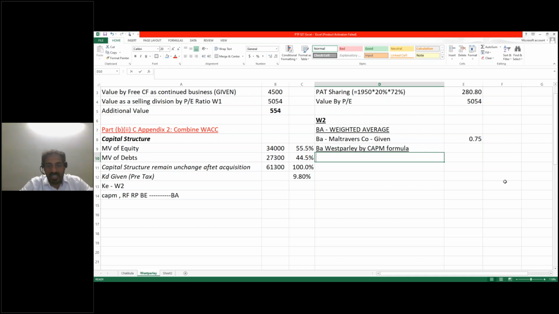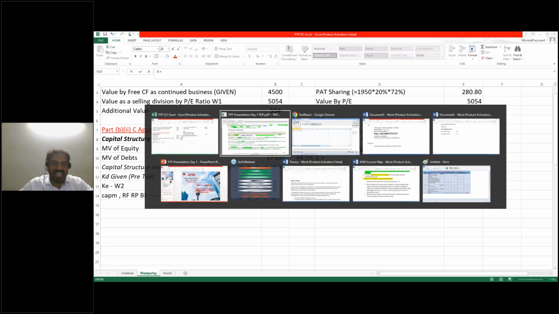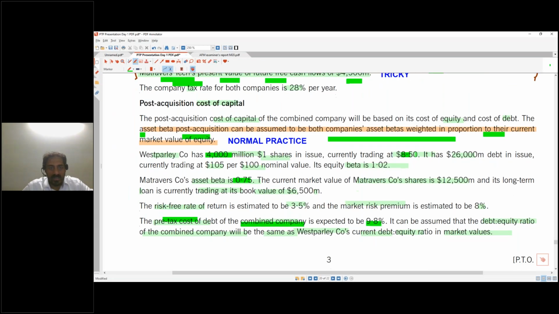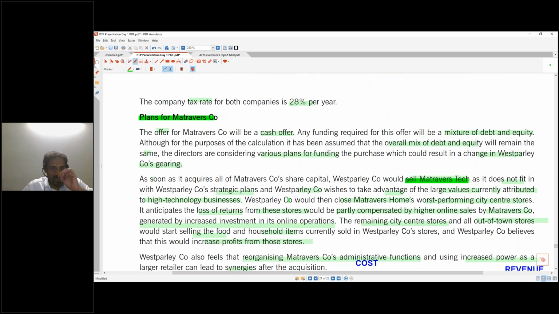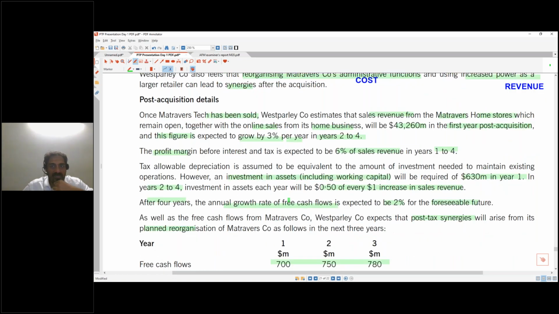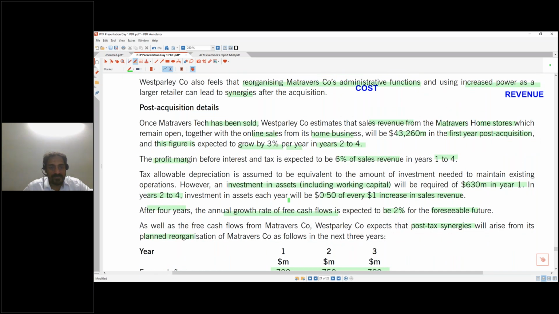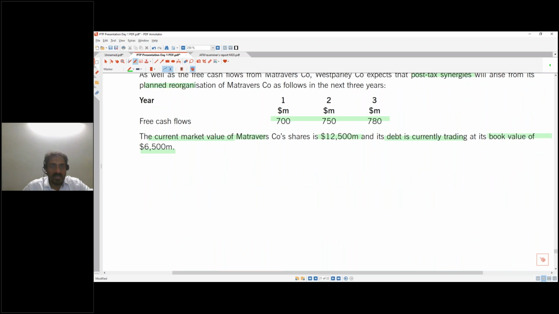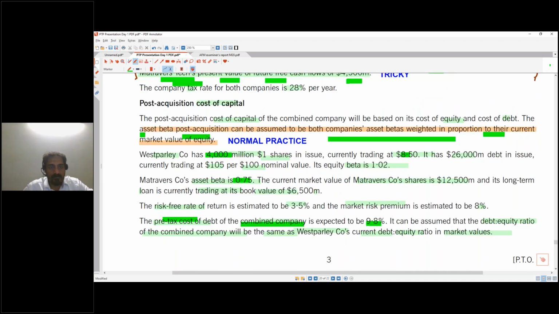But the important thing is that we need to work out the equity E. What is the E? It's the data of West Parlay: 4,000 million shares, 8.5.